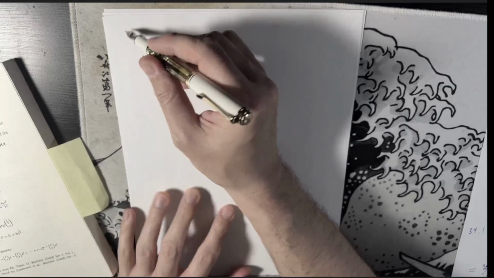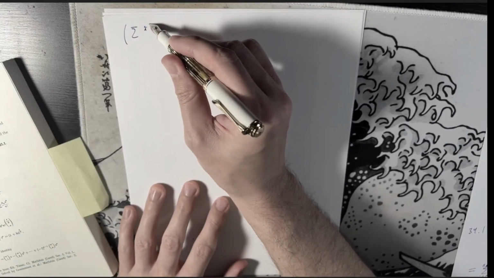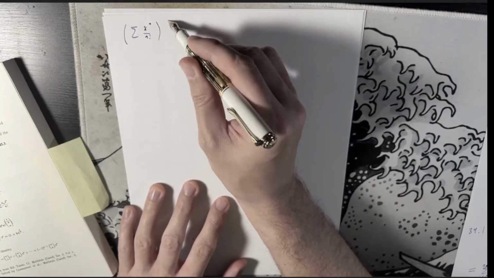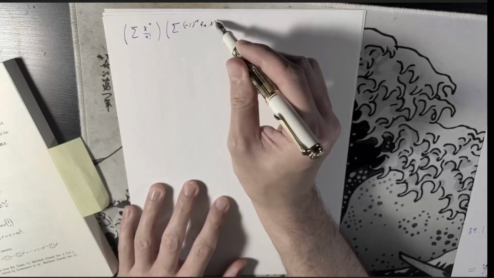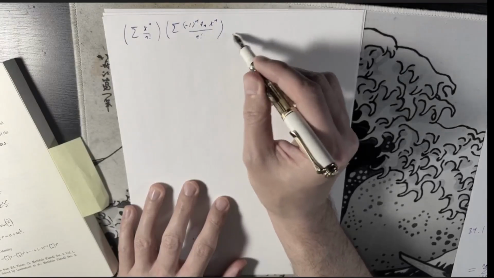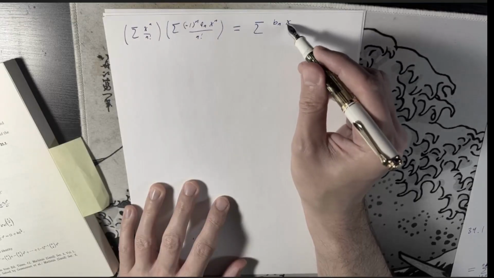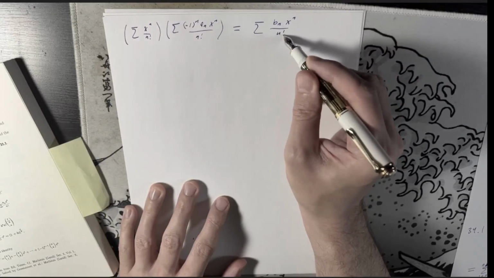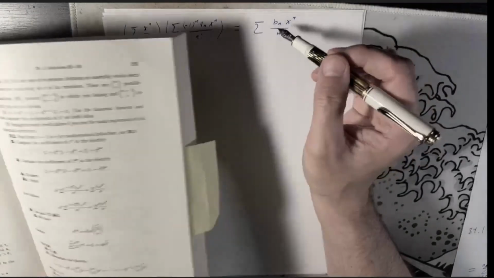He's saying if you took x to the n over n factorial and you multiplied by this junk, you'll get our series, and that'll imply the same thing with the an's and bn's swapped.